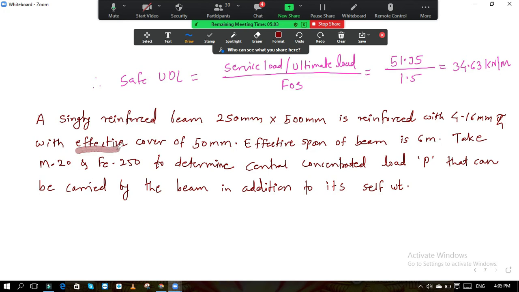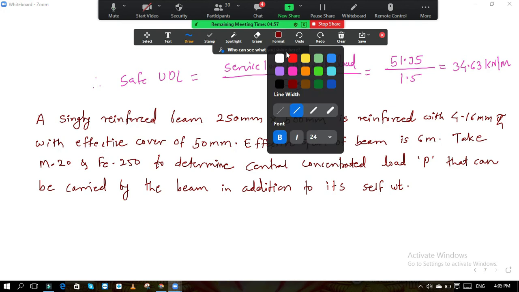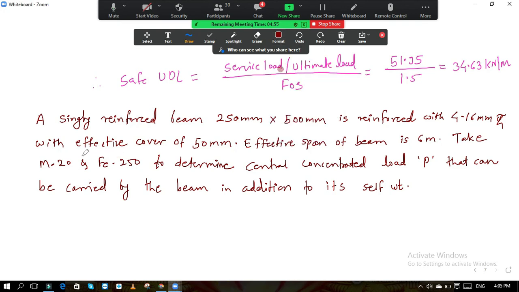What is given? Effective cover is given. If I underline this, effective cover is given. So clear cover is not given here. Clear cover is not given.